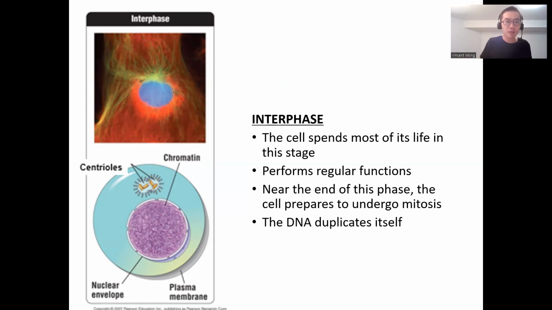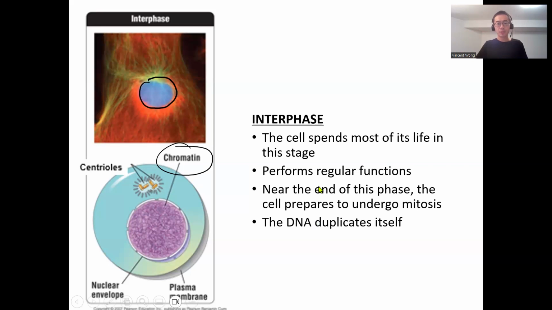Okay, so if you take a look at the nucleus here, you actually don't see much. I certainly cannot see the DNA because at this point it is not very condensed. It is still in the form of chromatin. So it is wrapped around proteins, but it's not super coiled up just yet.